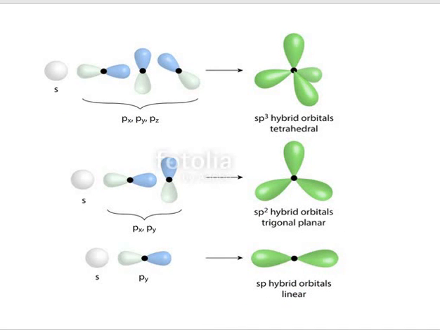This is the diagram we can show at last. When 1 s is mixing with 3 p, we are getting sp3 orbitals. They are arranging themselves in the tetrahedral shape. When 1 s is mixing with 2 p, they are giving us 3 sp2 hybrid orbitals having trigonal planar shape. And when 1 s is mixing with 1 p, it is giving us 2 sp hybrid orbitals having linear shape.